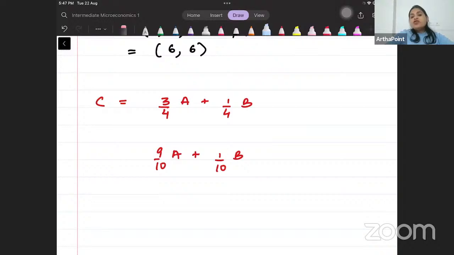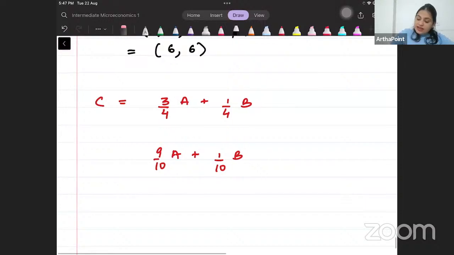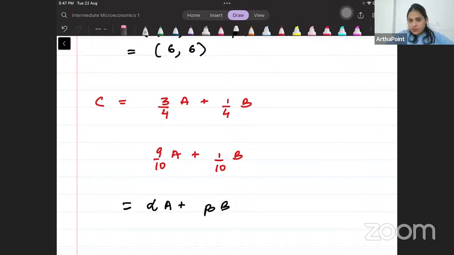So weighted average means I can give any weightage to A and any weightage to B. That is called as weighted average. ठीक है बेटा? So for example, in this case, I am saying that I can give any weight alpha to A and any weight beta to B. ये कुछ भी हो सकती है values.